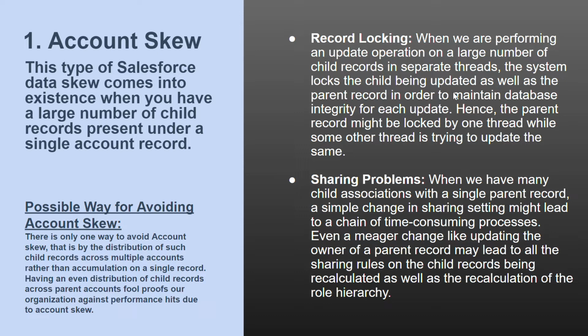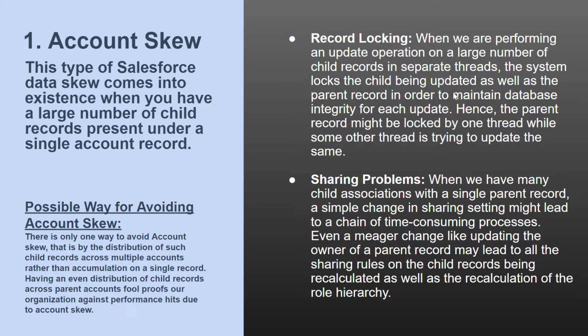What are the issues we have when we have account skew? Record locking. When we are performing an update operation on any of the contacts related to that particular account, we will face an issue, because if we are updating 5, 10, 20 or 100 contacts related to the same account, for data integrity reasons each record we update in Salesforce is locked.